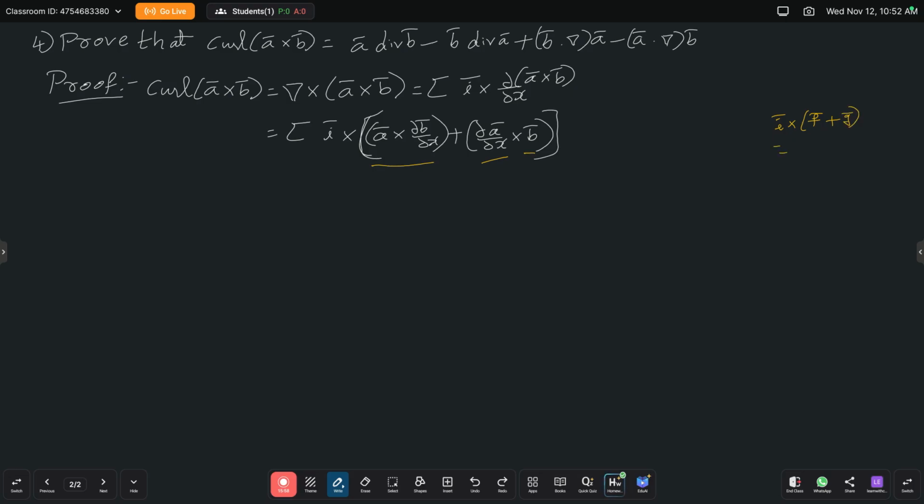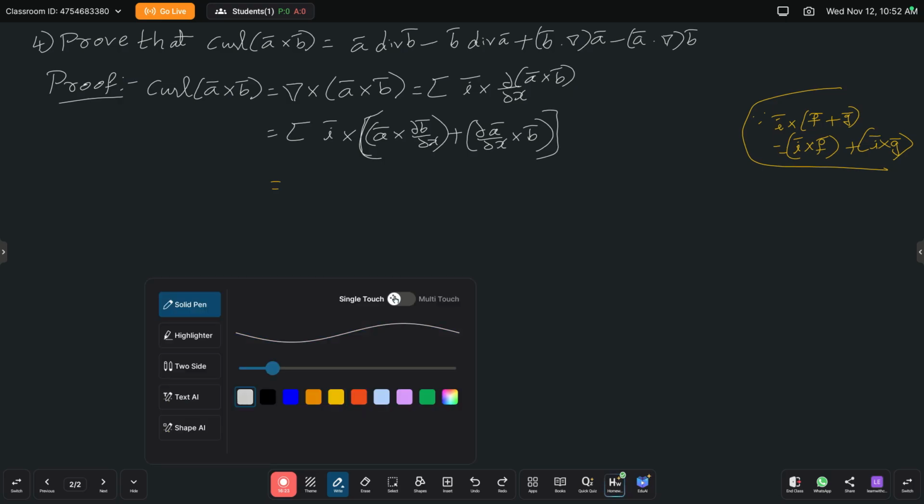Then using the left distributive law, how can we write? Both the terms can be multiplied with the I bar with cross product. So it can be written as I bar cross F bar plus I bar cross G bar. So using this basic formula, we write it as two terms, and for both the terms we take the summation.